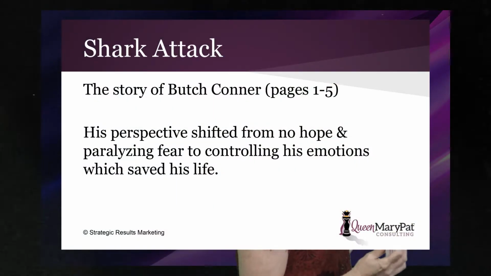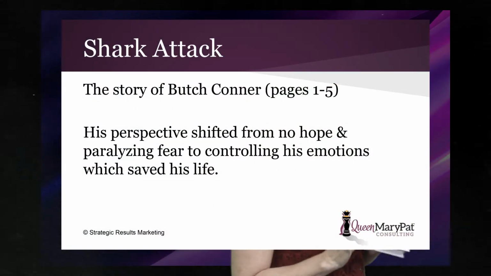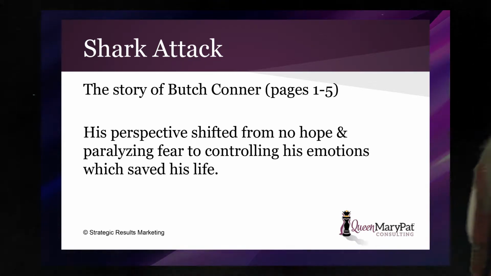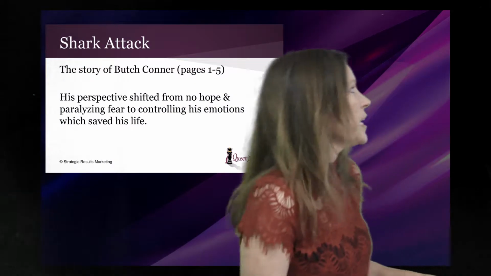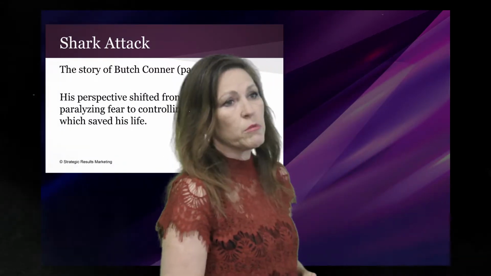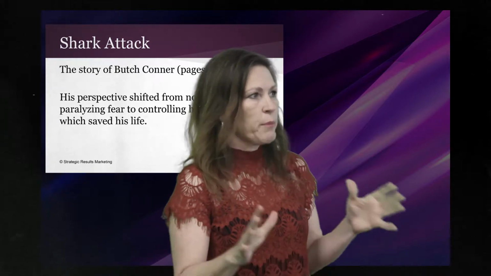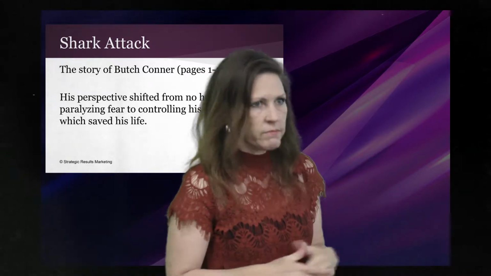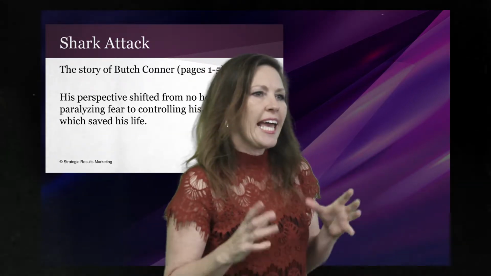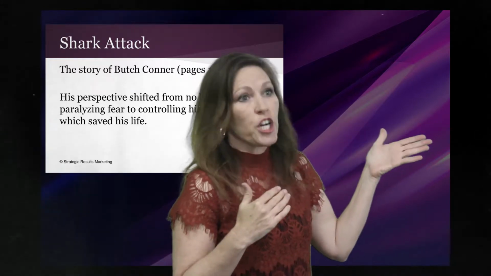But I'm going to start with this story, and it starts page 1 to 5 in this book. And it's a story of Butch Connor. It's a true story, and it's a story about how he was surfing off the coast of California, and probably in Monterey, I don't know, making that part of it up, and there was a shark.